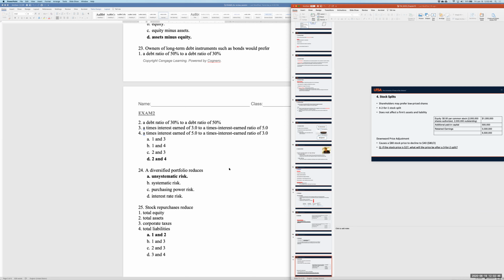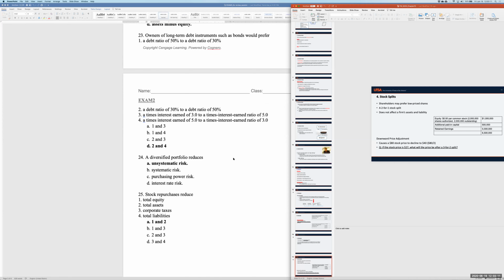Debt ratio 50% means the default risk of the corporation is higher. I don't want to have that. So I just eliminate 1 for all answer keys. Just A and B are gone.